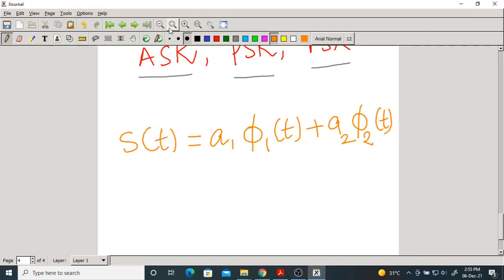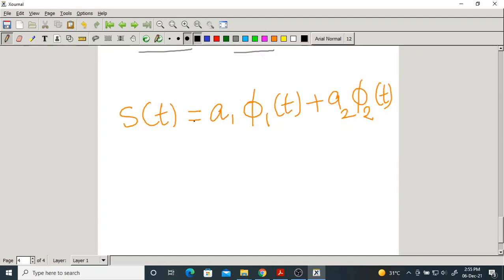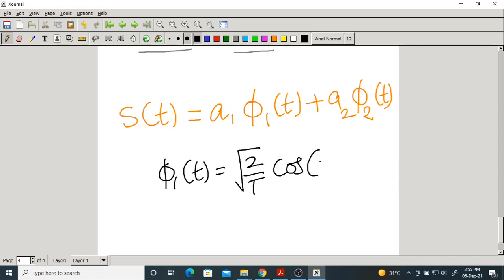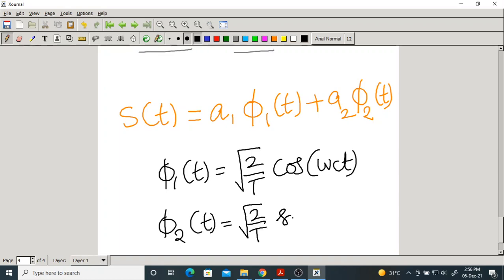Here phi1 and phi2 are basis functions. How are they defined? Phi1 of t is root 2 by T cos omega ct. Phi2 of t is defined as root 2 by T sin omega ct.